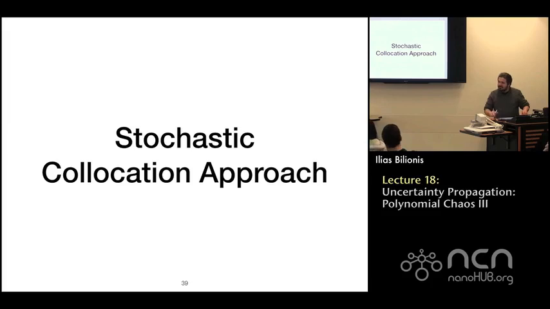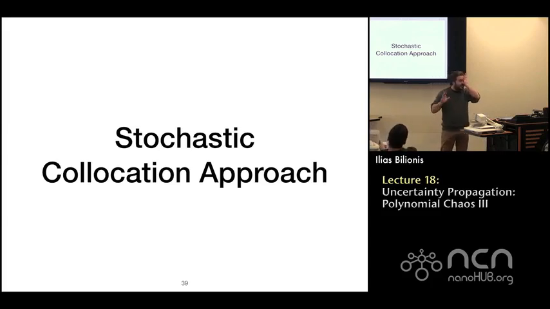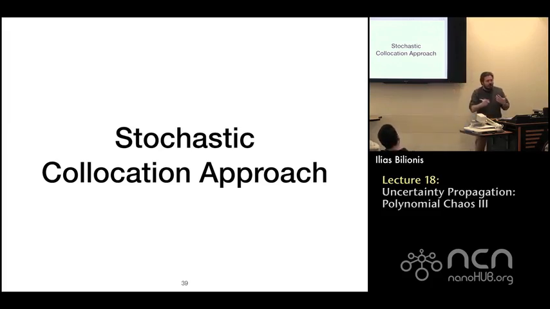Okay, are you ready for the final part, which is how you can do that without really doing all the math? Okay, so far the method that we've seen is called intrusive polynomial chaos, because you actually have to sit down and come up with a dynamical system that replaces your original system, but the solution of which propagates uncertainties.